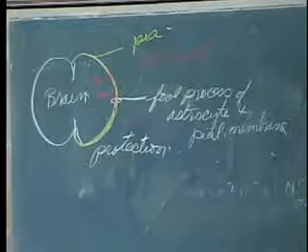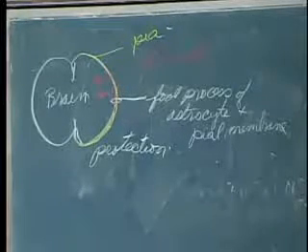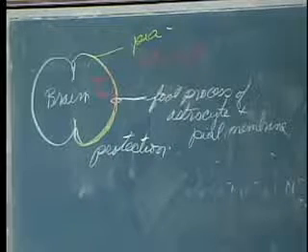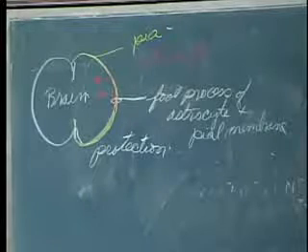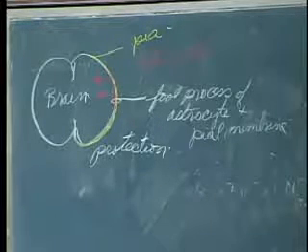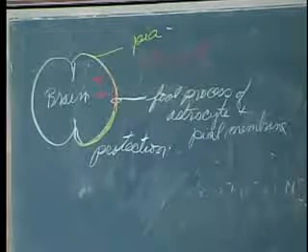Now, why else do we have astrocytes? Every time your nerves fire, they liberate potassium. They pick up that excess potassium.